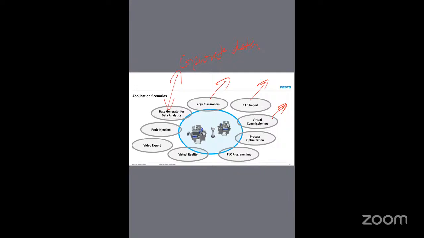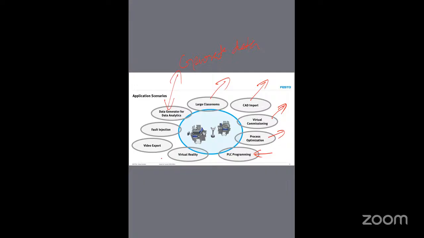Then process optimization. Process optimization means we can identify which layout is working quickly, and also we can identify bottlenecks. Then PLC programming. We can connect the Siemens PLC program directly into Ciros and test it. No need to connect it to the real system. Virtual reality.